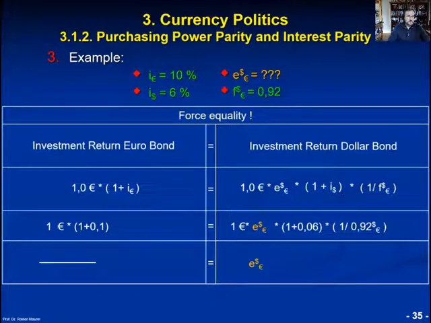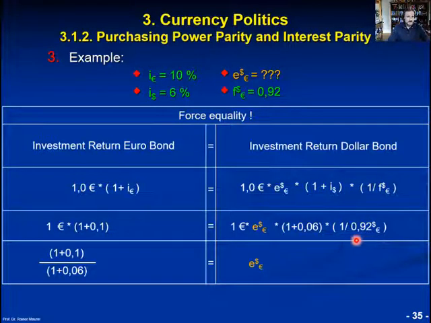So what we have to do is divide both sides of the equation by the dollar interest factor. Then the dollar interest factor disappears on the right side, reappears on the left side, and then we multiply both sides of the equation with the forward market exchange rate.